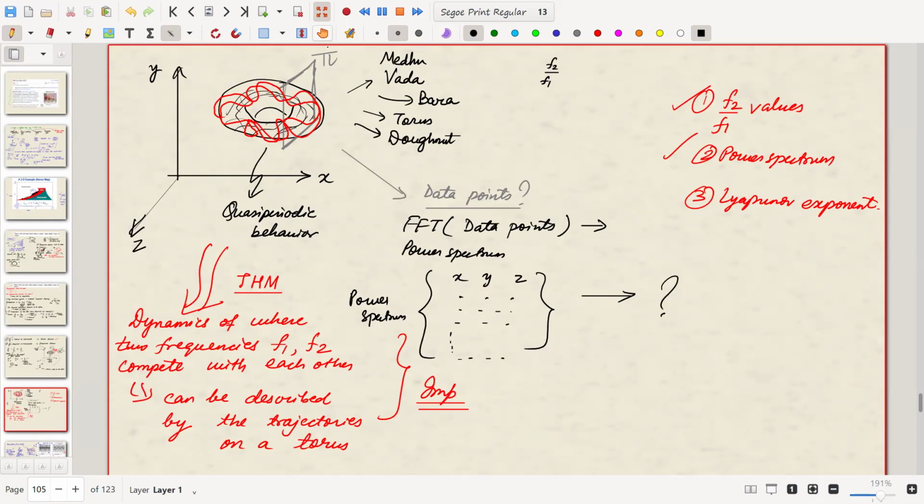Okay. And now what do you do? Put a Poincare plane. Suppose this is the case, like the red curve is going, see only the red curve. Now I put a Poincare plane. What will you see? Two points, isn't it?